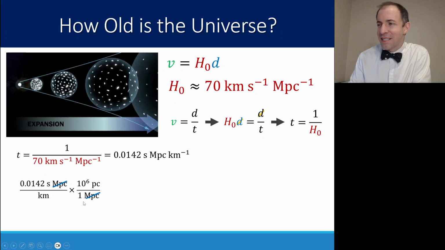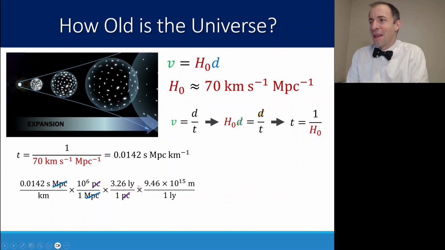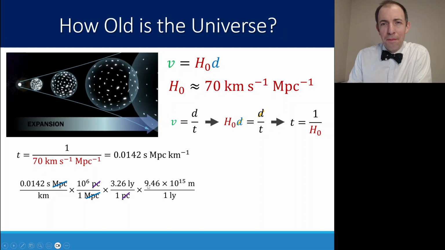Now my megaparsecs cancel, and I have parsecs on top, kilometers on bottom. Still doesn't cancel. Now, parsecs are related to light years. 1 parsec is 3.26 light years. That cancels out. Then 1 light year is equal to 9.46 times 10 to the 15th meters. Light years cancel out. So now I have meters on top and kilometers on bottom.